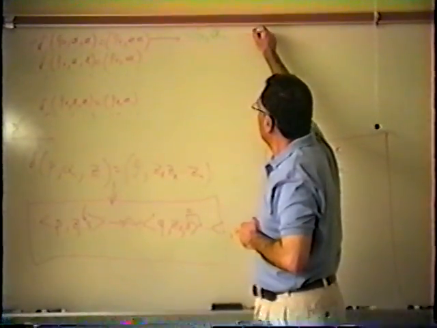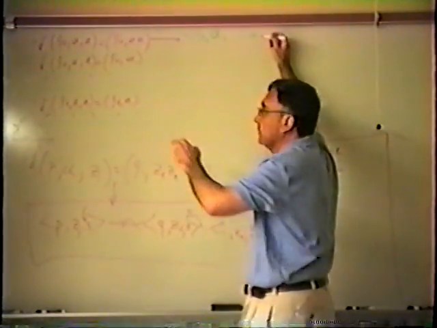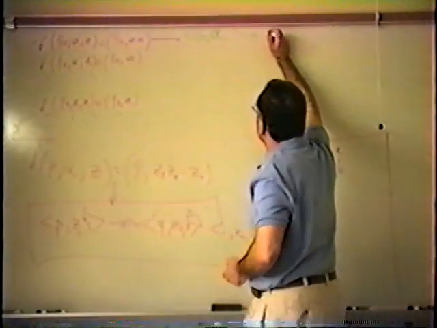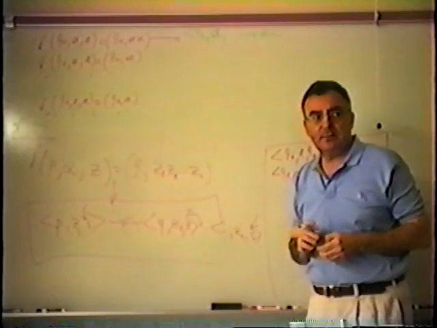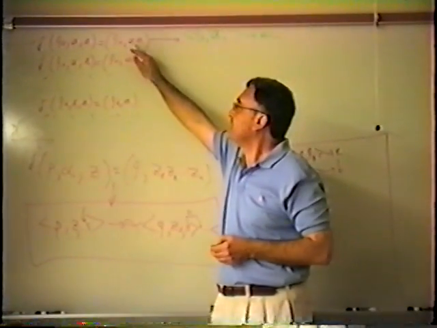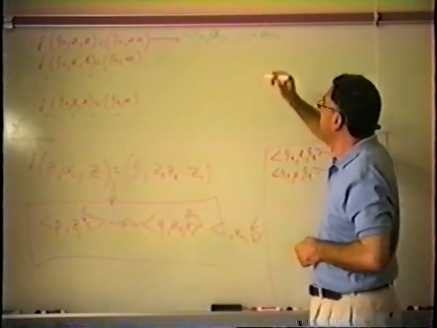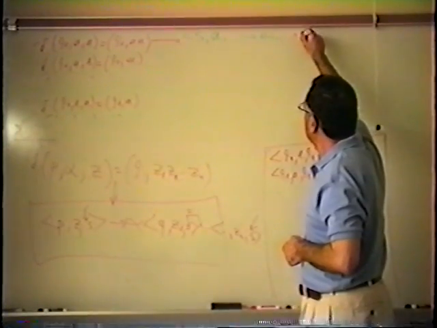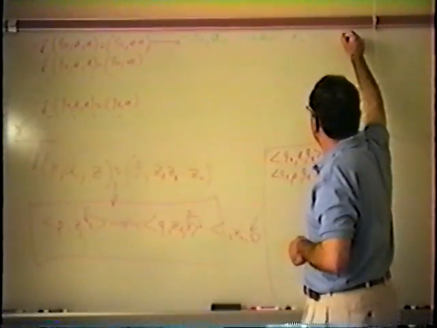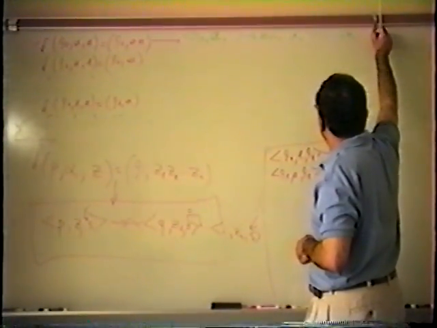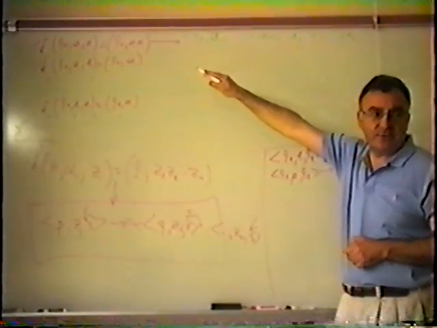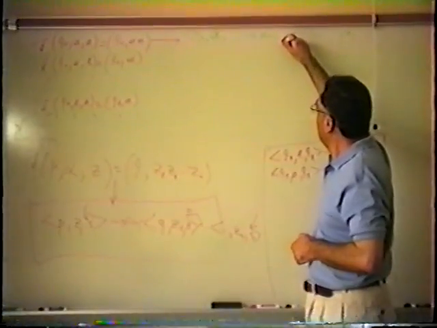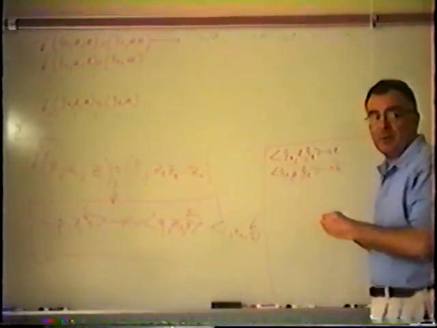Variable goes to tape, A. How many non-terminals? Z1, Z2, two of them. A, A. Right? Here you should have the destination state, Q0. Okay, that's the template.